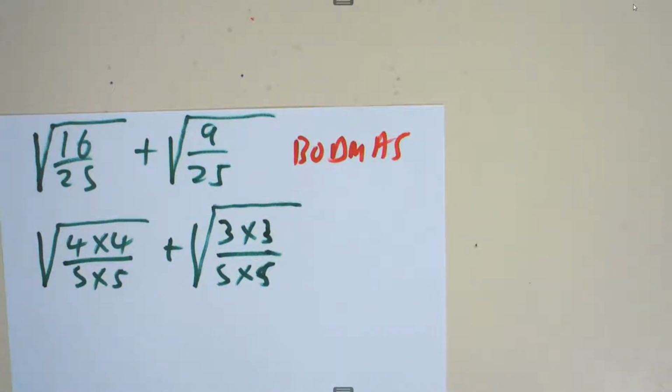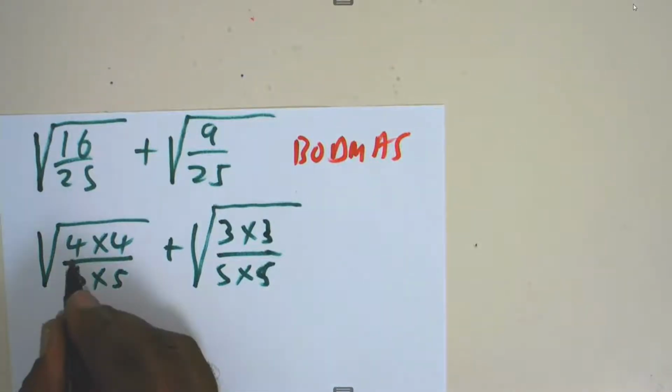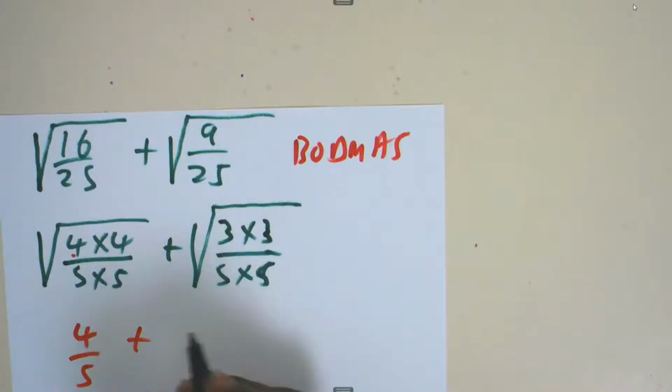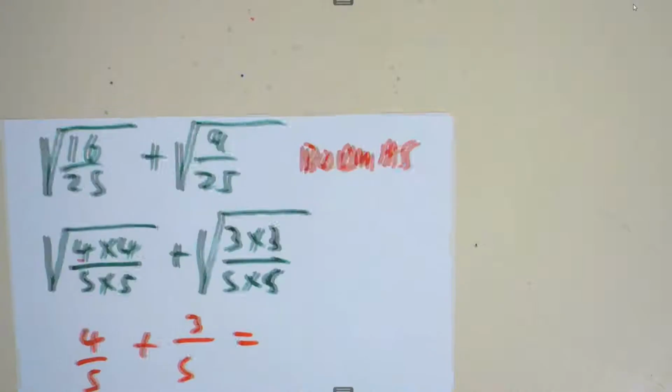Now they are looking for that square root. What forms your square numbers? It's your 4. What forms that square number? It's a 5. Plus 3 over 5.